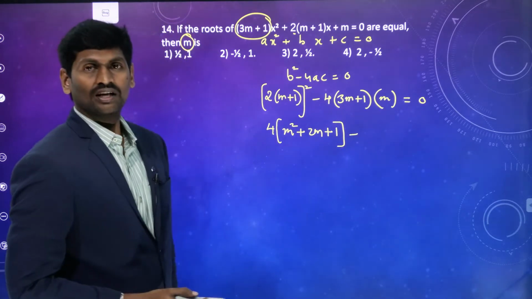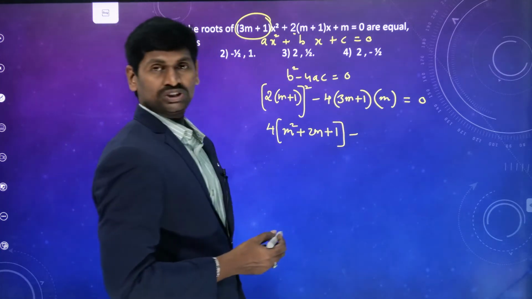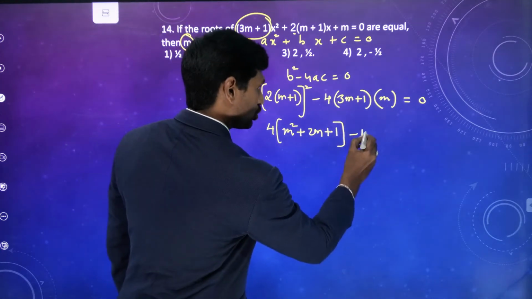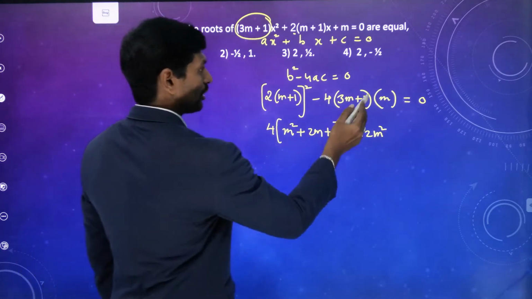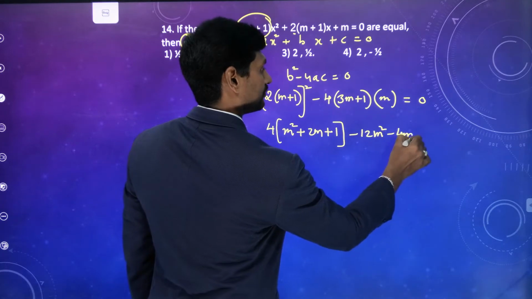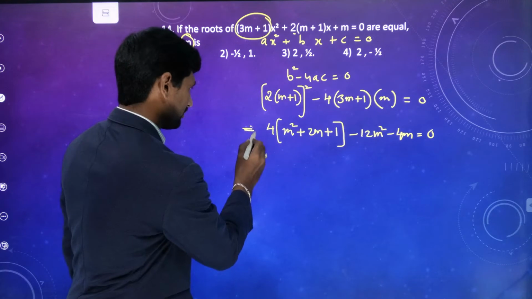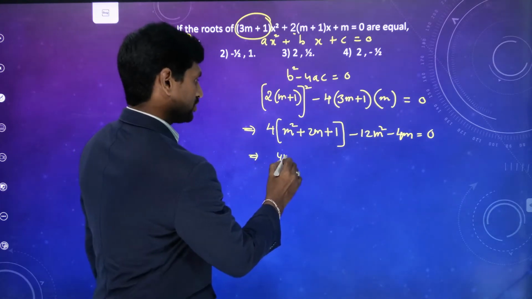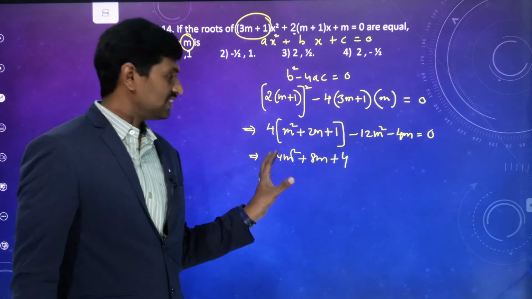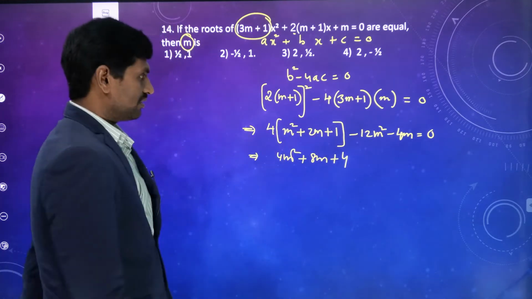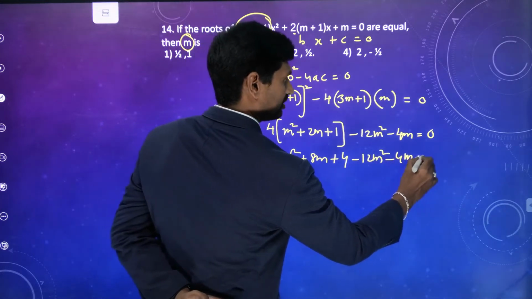Minus, multiply here also, 4 into m, 4m, 4m into 3m, so 12m square, because minus also there, and 4m into 1, 4m. Expand this. 4m square plus 8m plus 4. I am just multiplying all these terms with 4, and minus 12m square minus 4m equal to 0.